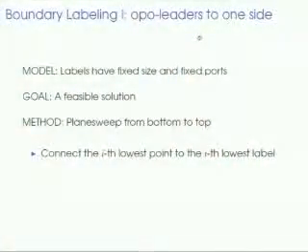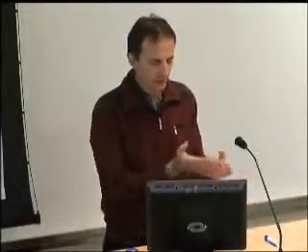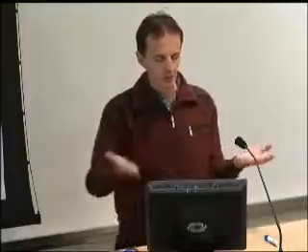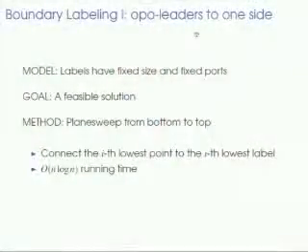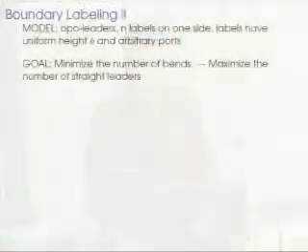We always did it from bottom to top. That means you connect the ith lowest point to the ith lowest label. To do that, you just have to sort, and then you assign. Running time is n log n. Okay, that was the first algorithm.